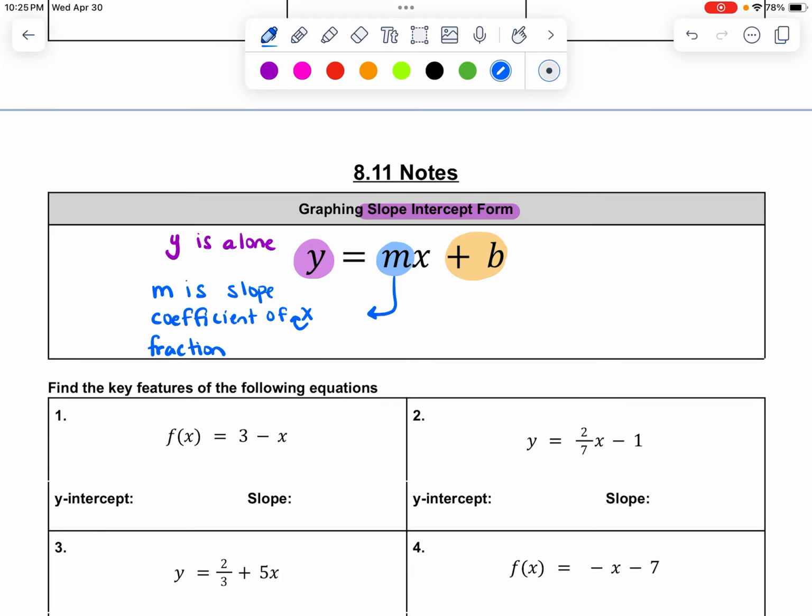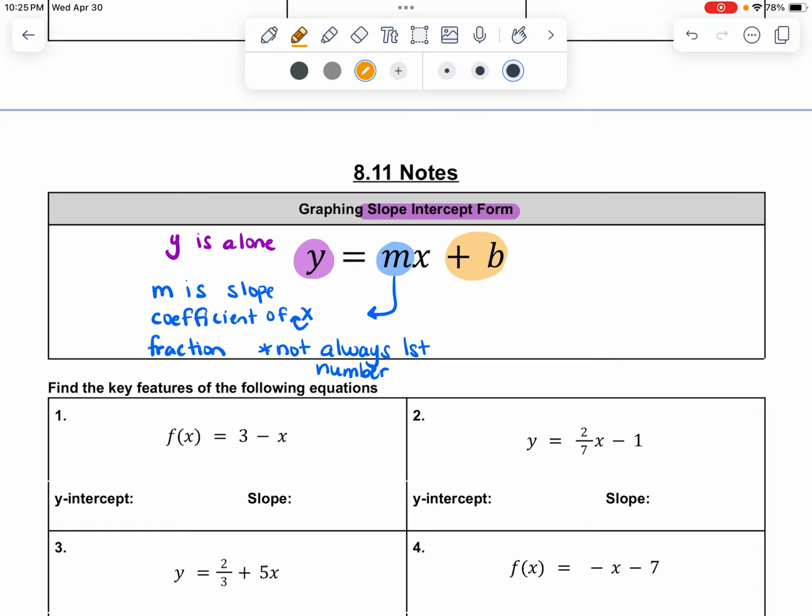And this is very important, it is not always the first number in the equation. The m could be at the beginning or it could be at the middle of the equation. We're going to know which number is the m because it is always right before the x.